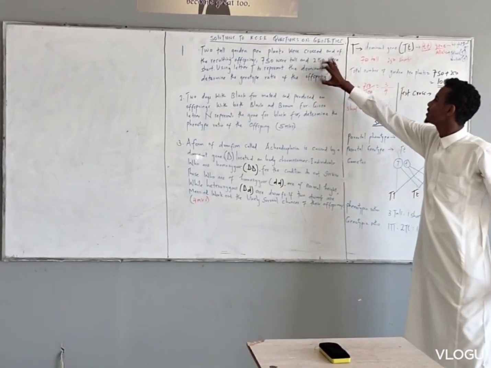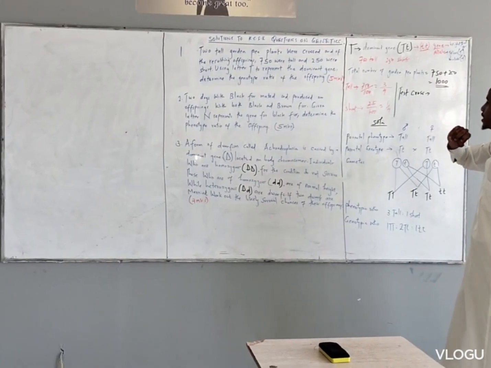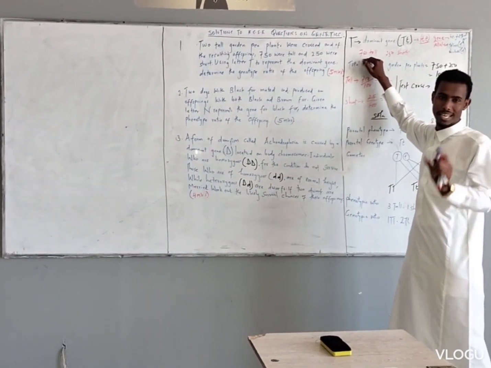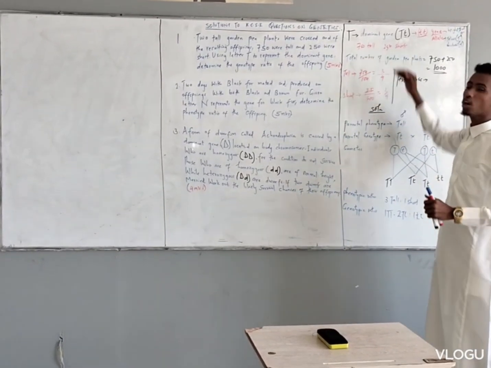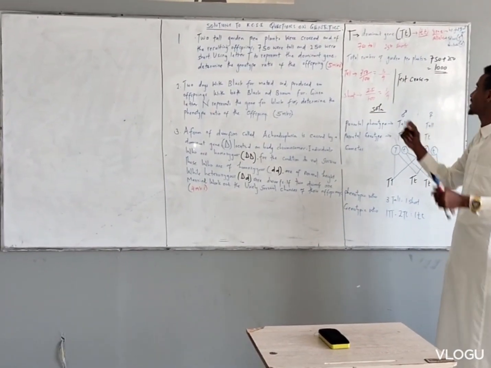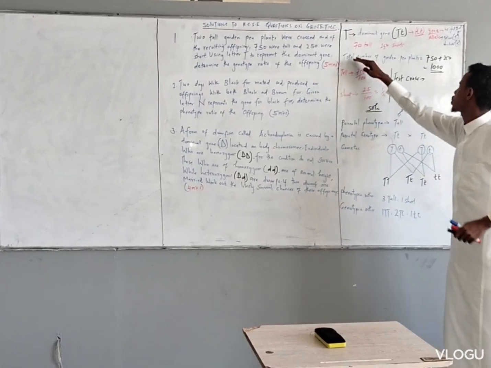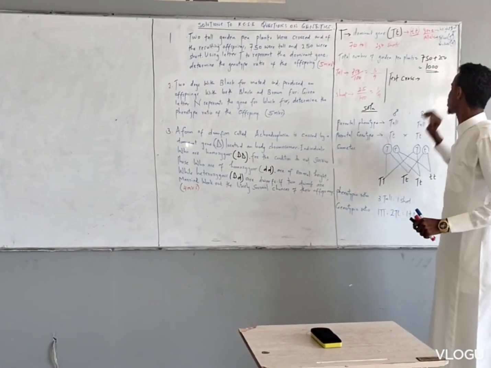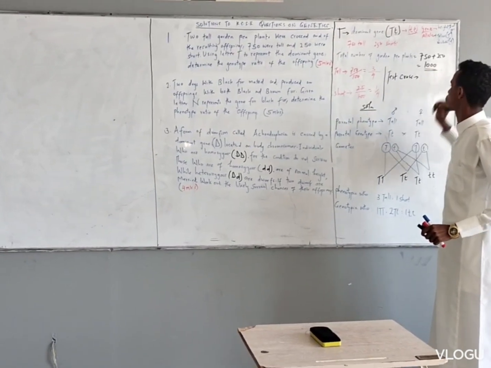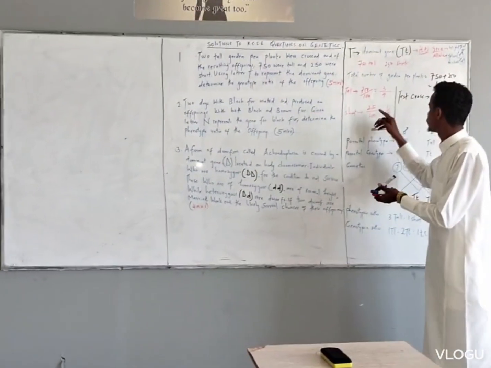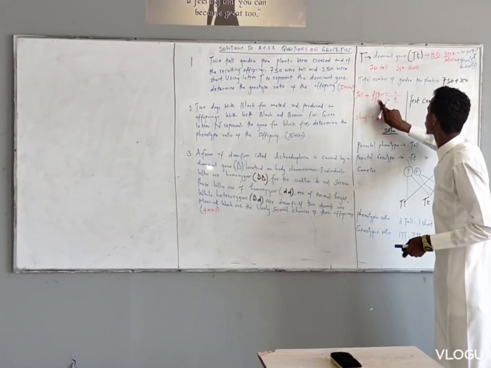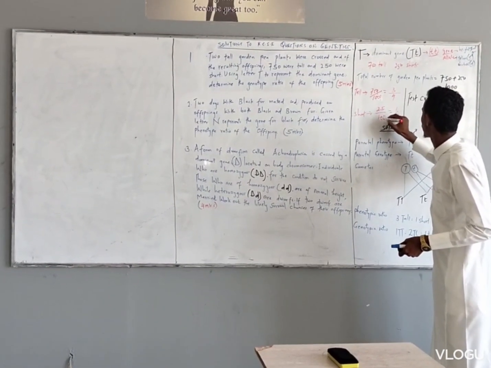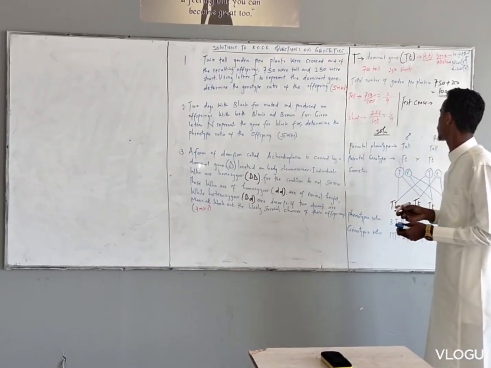Now, again, in solving the question, after understanding those things, you are given 750 of the garden plant as tall, and 250 of the same garden plant as short. You get the total number of garden plants by addition of the tall and short. You're going to get 1000. Now, divide each by 1,000, isn't it?